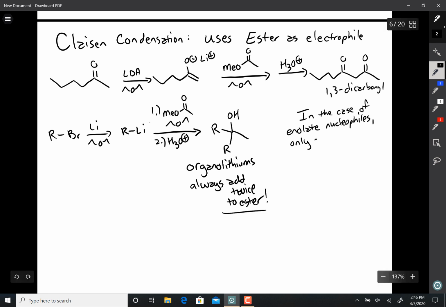You only add once to an ester. So there is something different about the Claisen condensation than the organolithium.